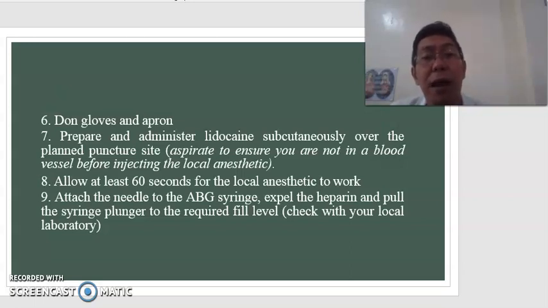Then allow at least 60 seconds for the local anesthetic to take effect. And of course, attach the needle to the ABG syringe, expel the heparin. So you know already what is heparin, and pull the syringe plunger to the required fill level. And of course, we have to check the local laboratory about the amount of blood to be extracted.